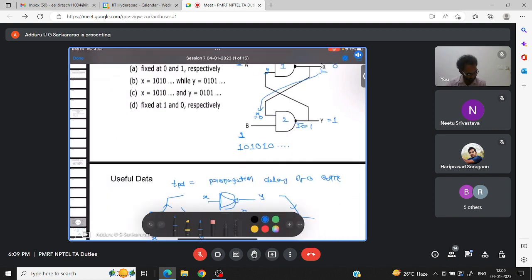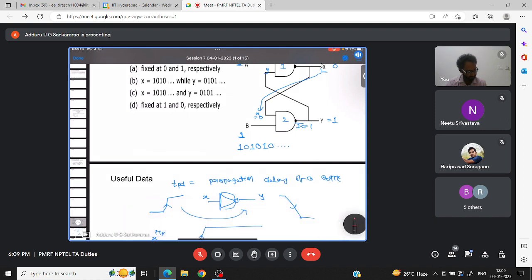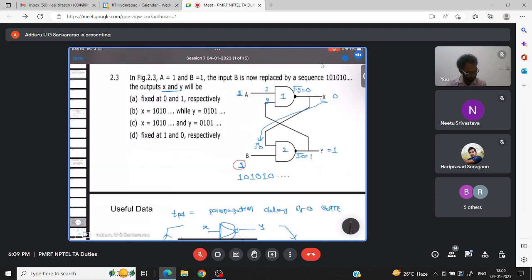Okay, what they're telling is, instead of 1, they are replacing it with this sequence. That means now we are giving 1 at B. A you are fixing, and now B 1 you have given. Now the same thing happens, right? B is 1. Now immediately who will respond? Immediately the first gate only responds.